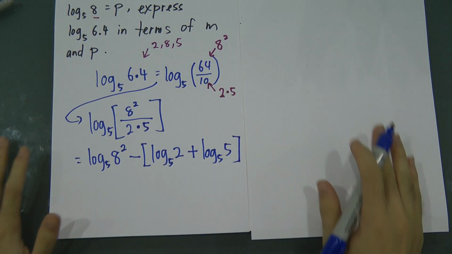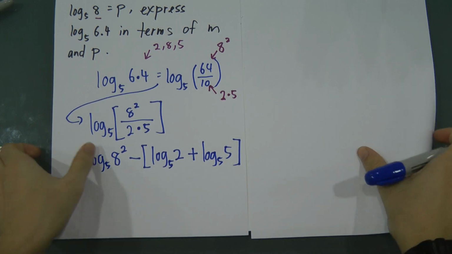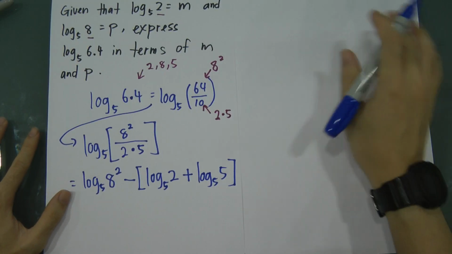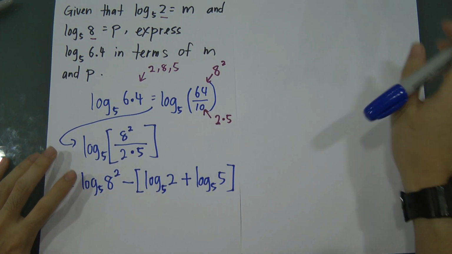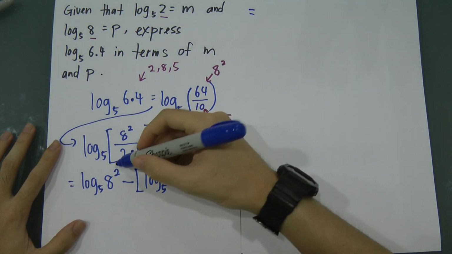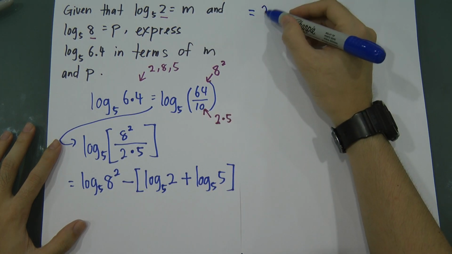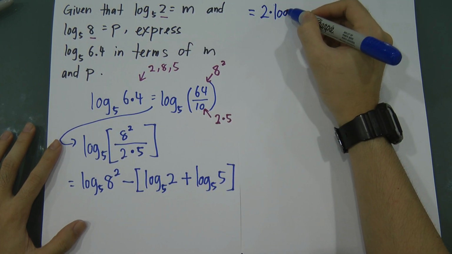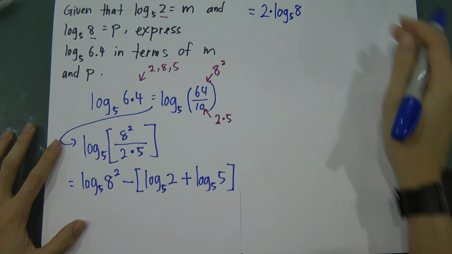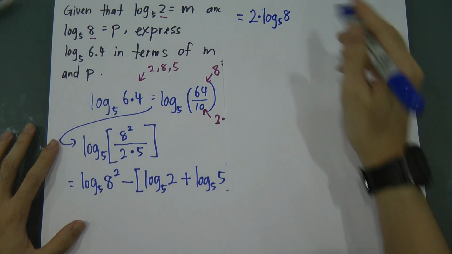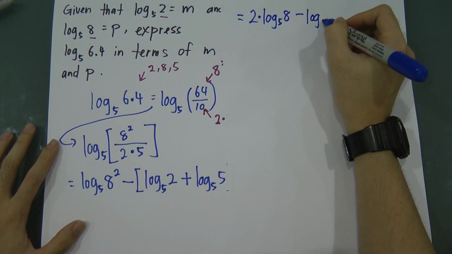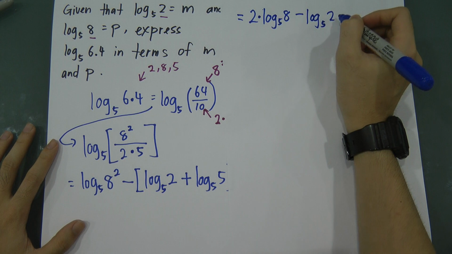So over here, I'm going to show you what will happen. Then I will equal, the 2 I can move to the front, because the power you can move in front, becoming 2 multiply log base 5 of 8, and then minus log base 5 of 2.